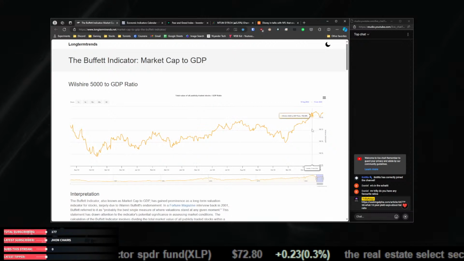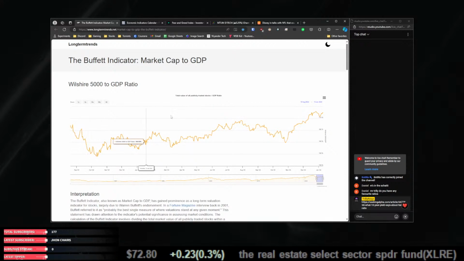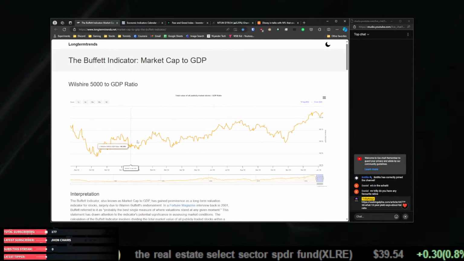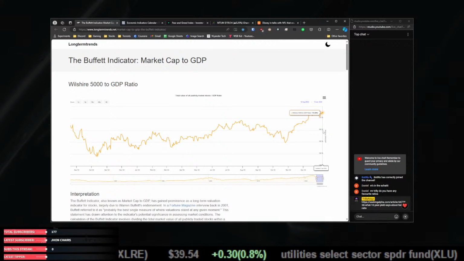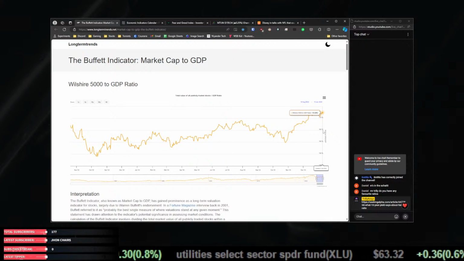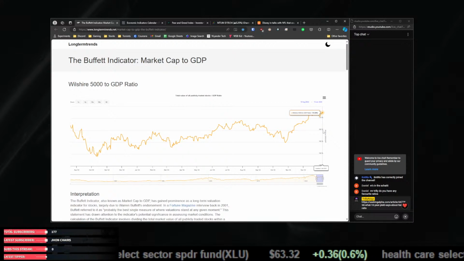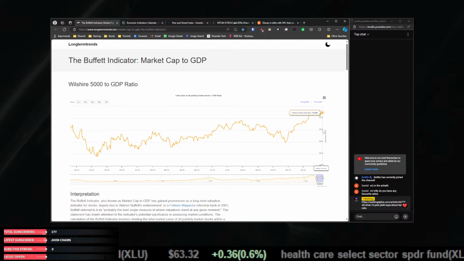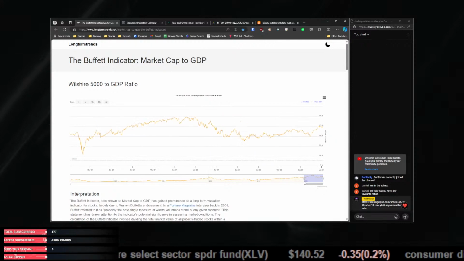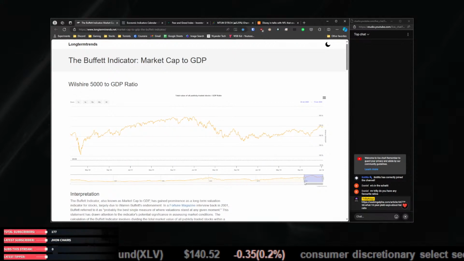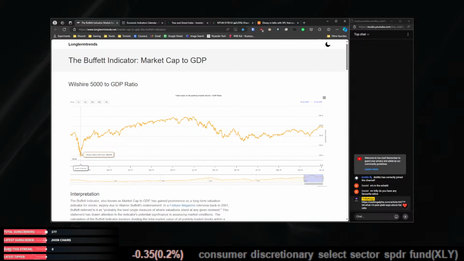All right, so now that the lesson's over, let's get into evaluating the market. So right now, the Buffett indicator is still overvalued. We're still really swinging real high up in there compared to the last couple of years here. We can zoom out, go back out to 2020.